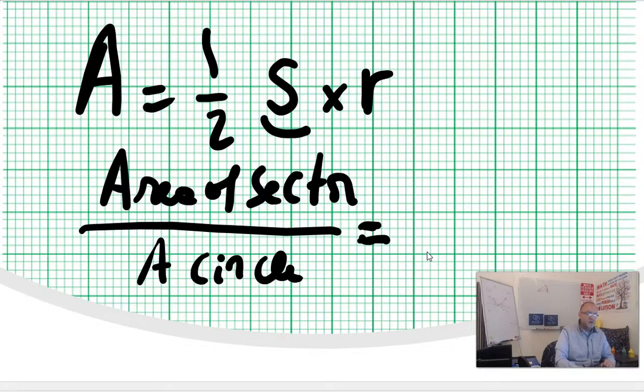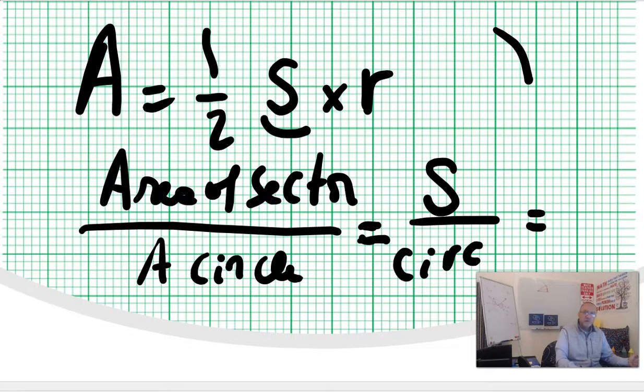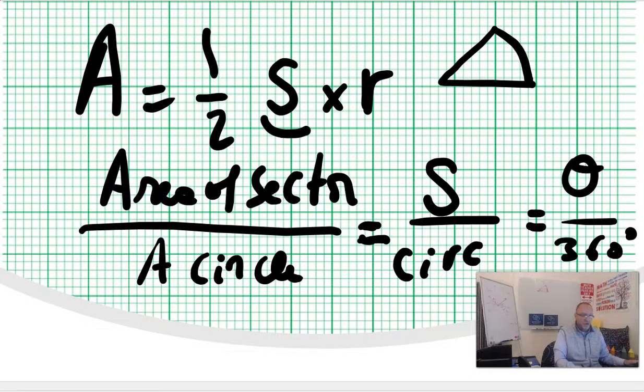It's proportional to S, which is part of the whole circumference. It's also proportional to the angle created by this S, theta, and the whole thing is 360, or theta in radians divided by 2 pi.